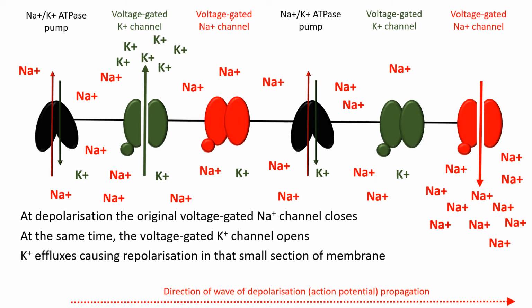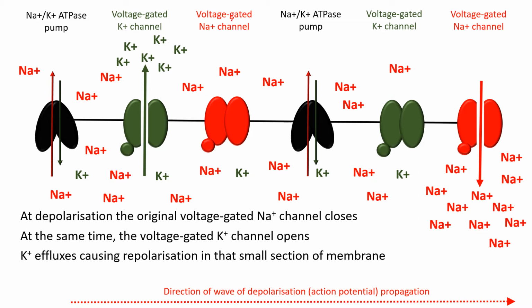This time, this is a potassium channel. Potassium effluxes, causing repolarization in that small section of membrane. Remember, it has this strong concentration inside the cell, so it's still following its gradients, still passive transport, and it's effluxing.